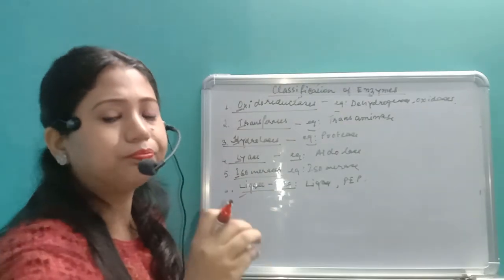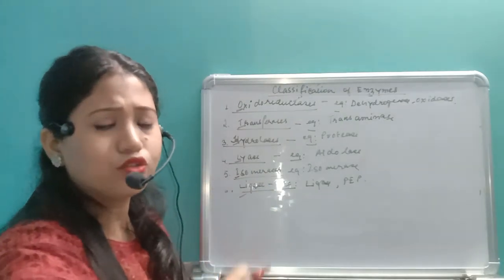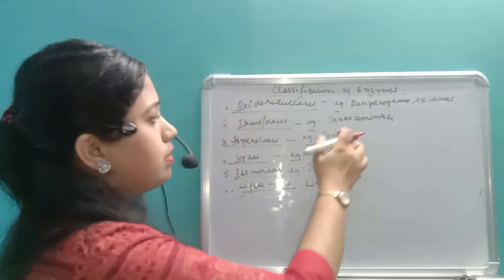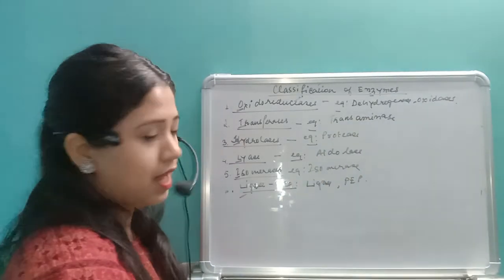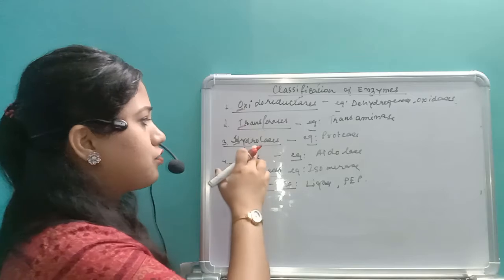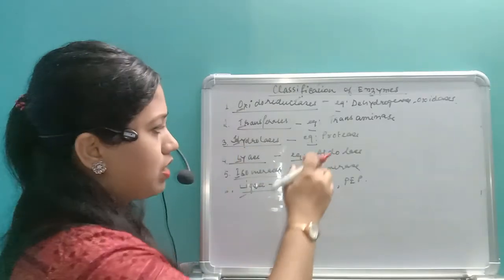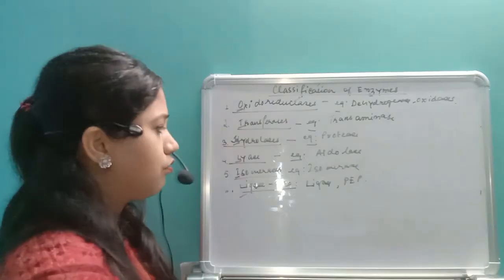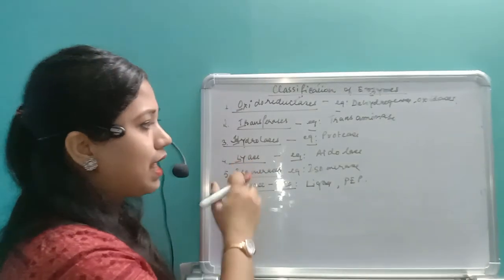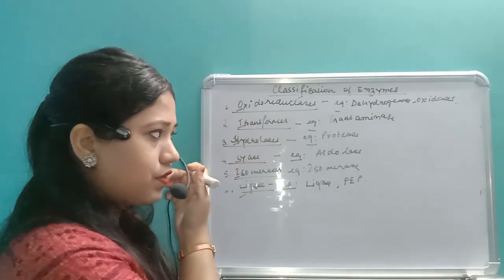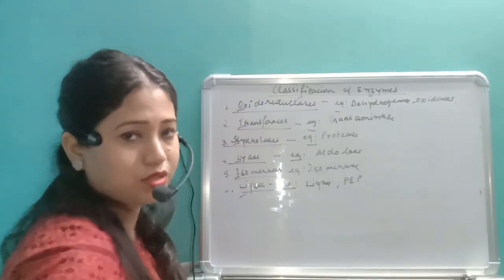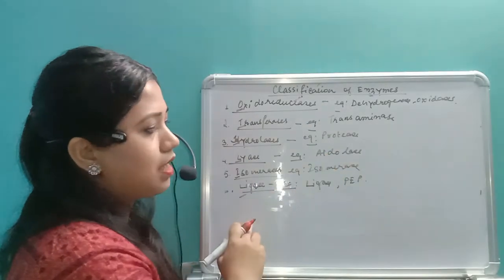Next one is the transferase. Some groups will be transferred from one to another, for example transaminase, which also naturally happens in our body. Next, hydrolases are enzymes which add water, for example protease, which is very common. Next, lyase is a type of enzyme which breaks the substrate, for example aldolase.